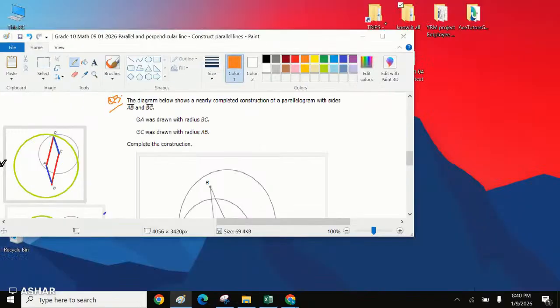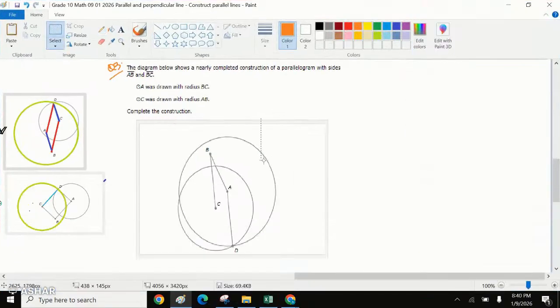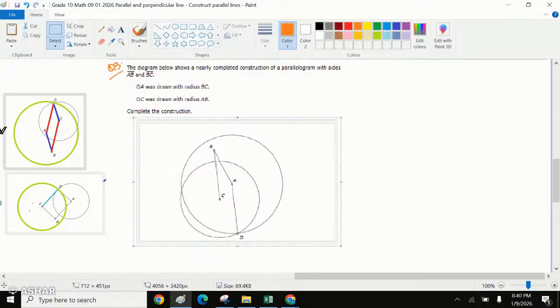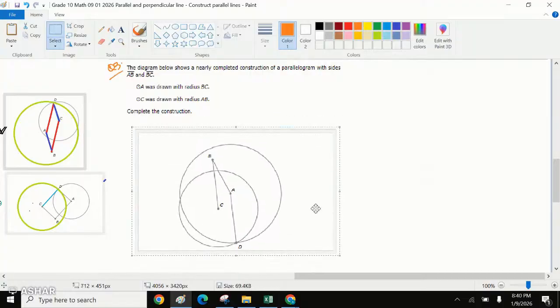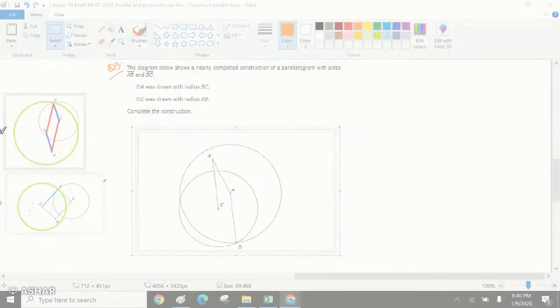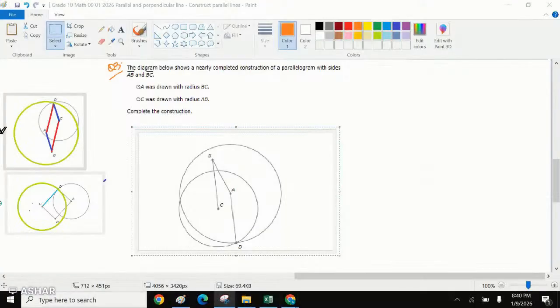Before that, let's make the shape look like a circle. It does not look like a circle, it looks more like an oval. Let's pick up the options and see which option would be the correct answer, option A or option B.